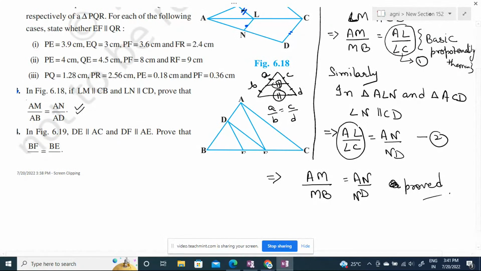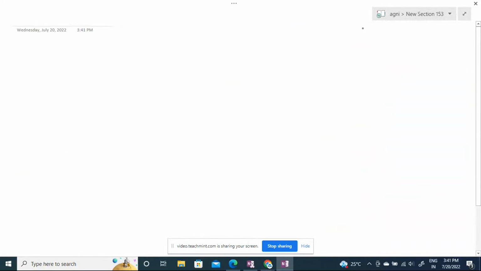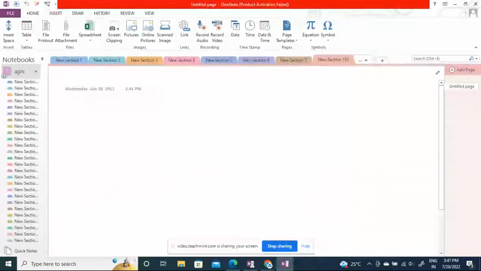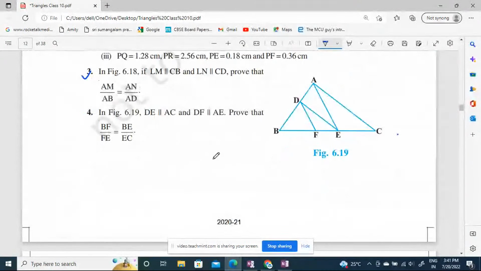Now I'm going to shift to the next question. The next question in the exercise is question number 4. This is the diagram and here we have to prove this.